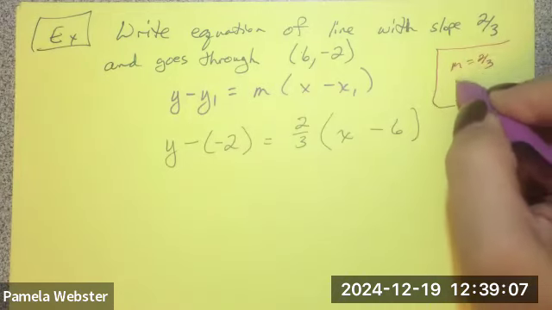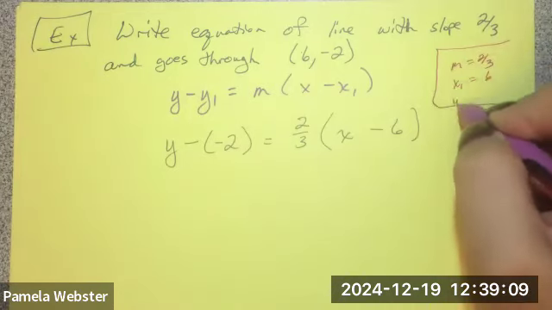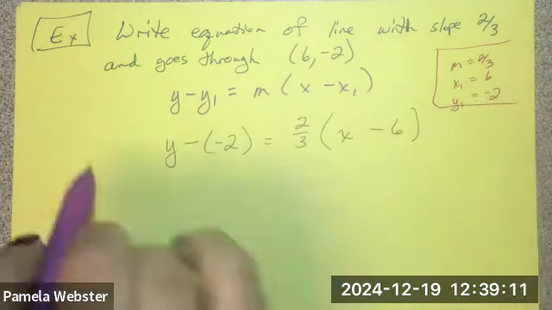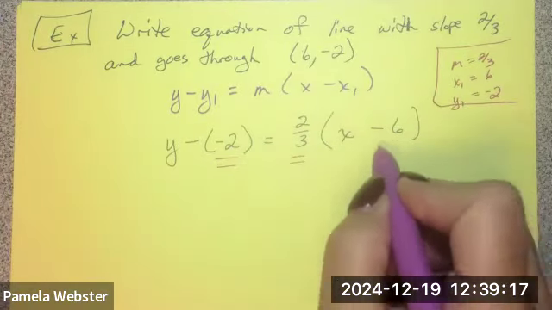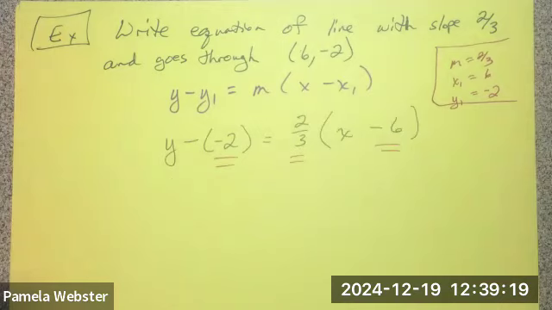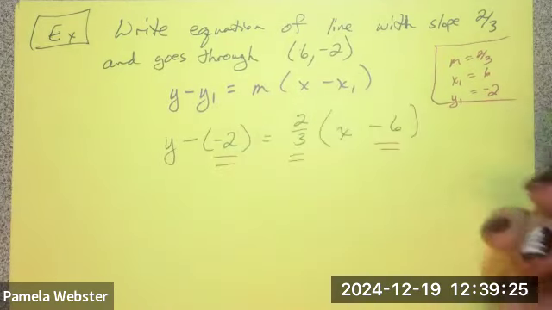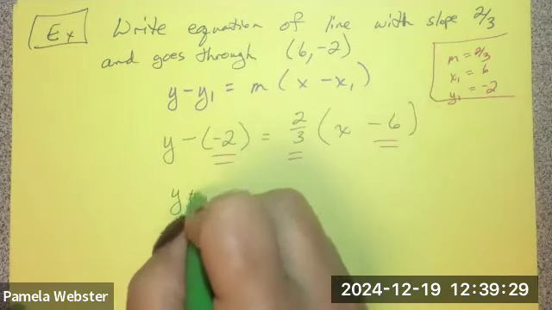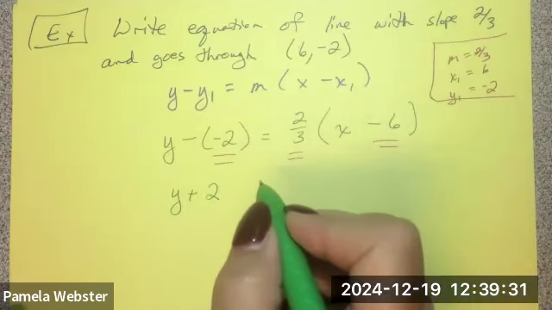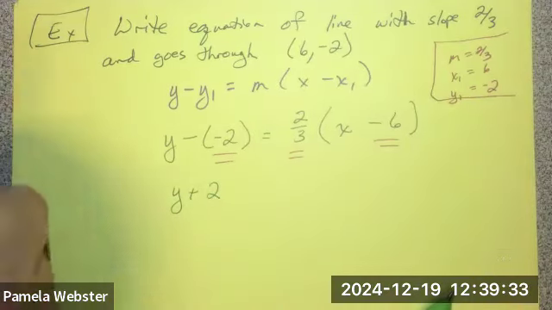M is 2/3, x1 is 6, y1 is -2. So that you know, oh, these are the things I'm plugging in. That's what I've got here and here and here. You don't have to write that, but if you're struggling a little bit, feel free to write that. It took me like 2 or 3 seconds to do. So sometimes just a little bit of extra work is worth it so that you're like, oh, I got this.